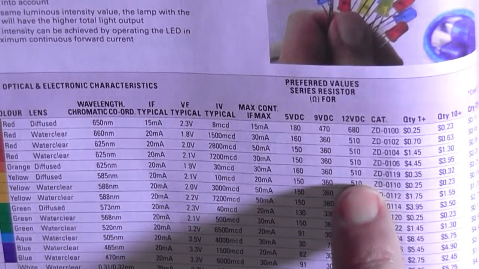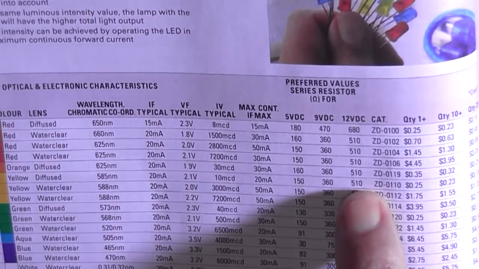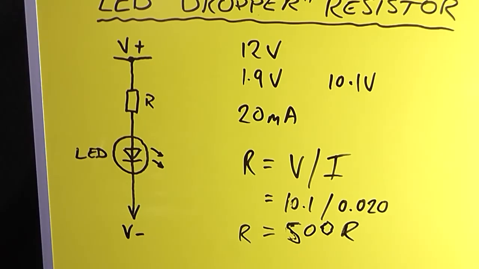Their preferred resistance value at 12 volt DC is 510 ohms. And as we can see, our calculated value was actually 505. But you could easily take it up to 510. It's usually better to increase the resistance value rather than decrease it when rounding it. But we can see that the math works.